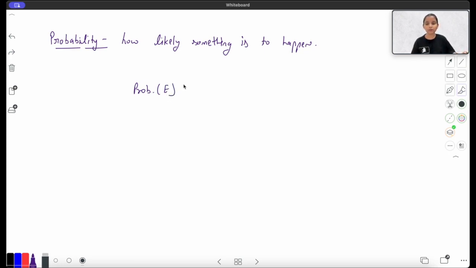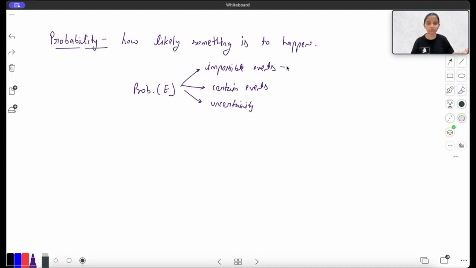Now, talking about events, we can have impossible events, certain events, and events where we have uncertainty. We are going to discuss the probability of events in these cases.